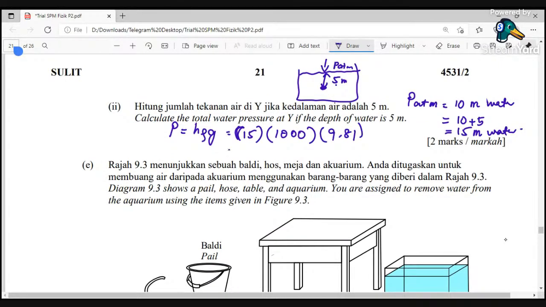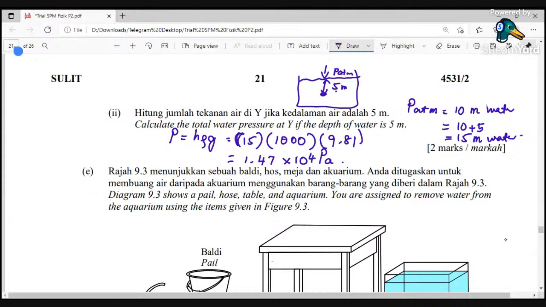Okay, so we get the answer 1.47 × 10^4 Pascal. If SI unit is mentioned, you must use P equals H rho G. But if not mentioned, you can leave your answer in this unit: 15 meters of water. Okay.